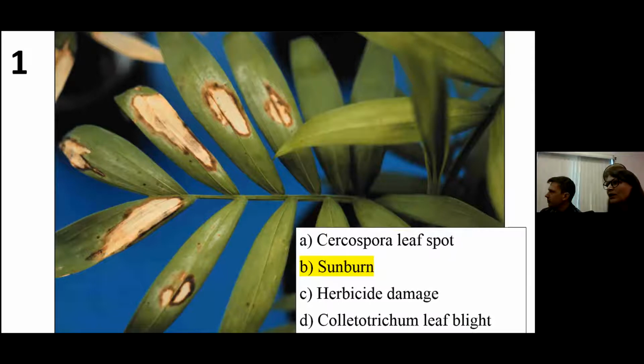So if it was a disease, a leaf like that, we could put inside a plastic bag with a piece of humid paper and leave it overnight, and the following day we would be able to see some of the signs of the pathogen. So sometimes it's hard to diagnose just by looking at the picture. That's why it's very important to have the history, and then we can see the material. You can work on the material as well.